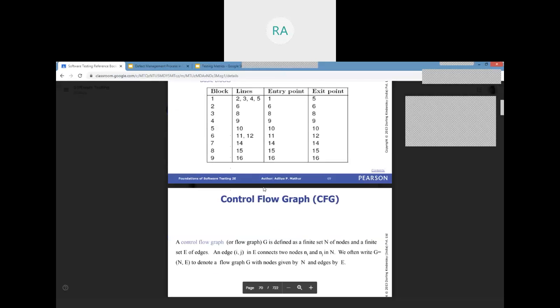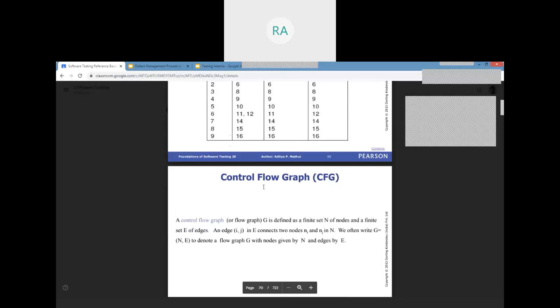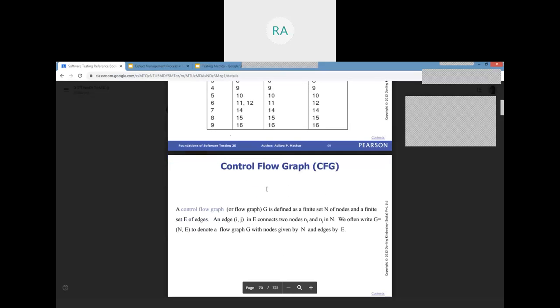That is, in short, I call it CFG. Whenever you come across the short form CFG, you have to immediately guess that it is control flow graph. What do you mean by control flow graph? Control flow graph, I call it G, that is graph G. It is defined as a finite set, meaning it is countable in nature, having n number of nodes and e number of edges.